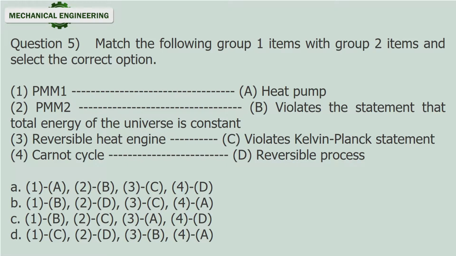Question 5. Match the following Group 1 items with Group 2 items and select the correct option. 1. PMM1, 2. PMM2, 3. Reversible heat engine, 4. Carnot cycle. A. Heat pump, B. Violates the statement that total energy of the universe is constant, C. Violates Kelvin-Planck statement, D. Reversible process.